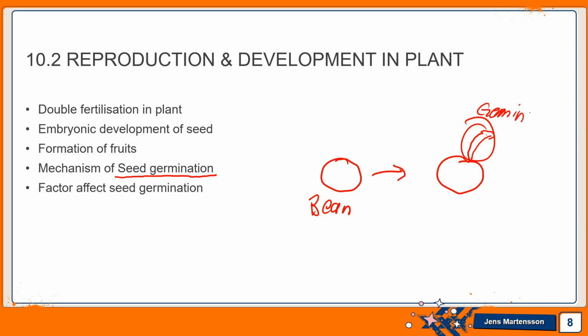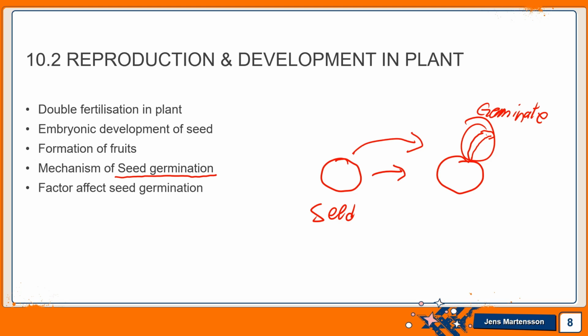The seed is germinate. But what is the process that makes the seed germinate? You have to know the process of how the seed can germinate. So this is called the mechanism of seed germination.